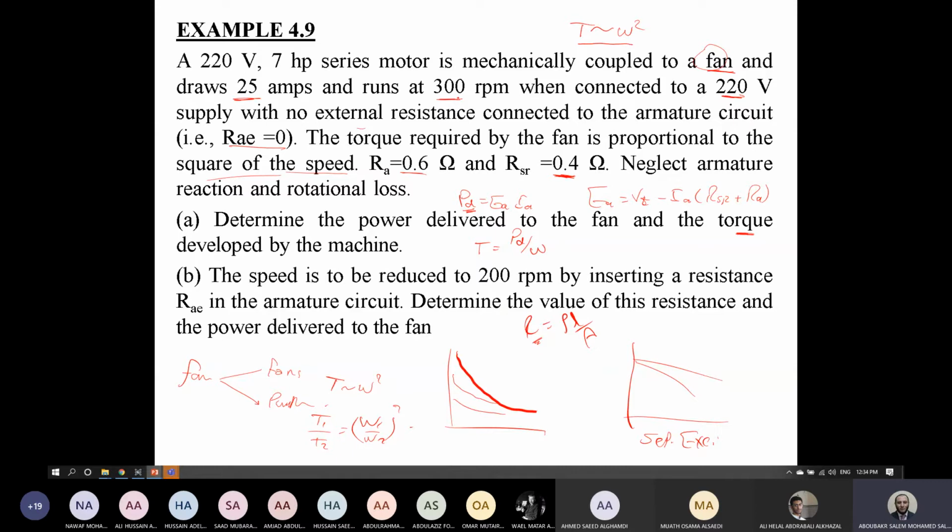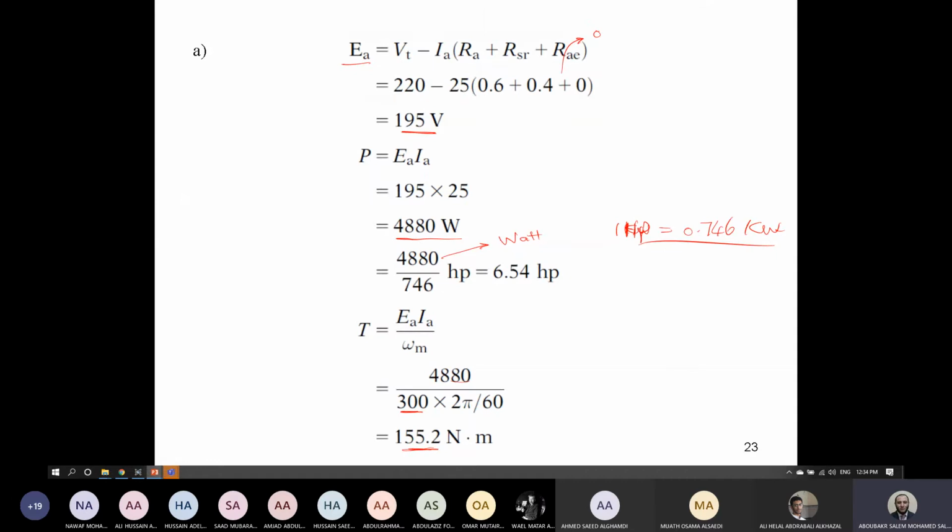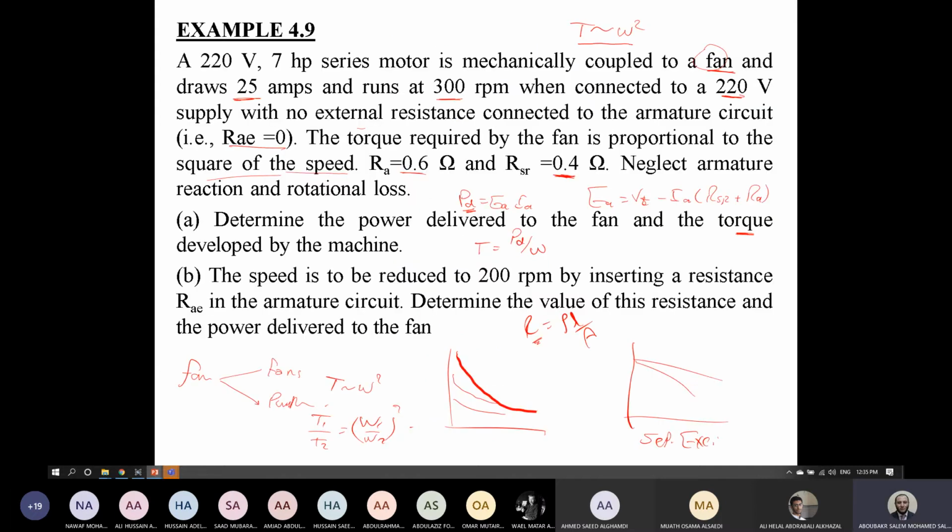We have the value of speed in RPM, so we should convert to radian per second first. So torque equals power developed over omega m, and you know omega m equals N multiplied by 2 pi over 60. This is for number 2 or part B.